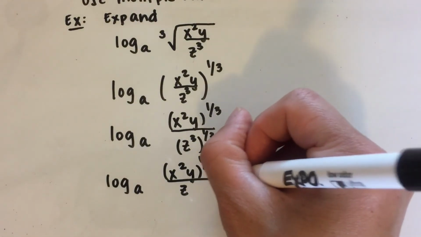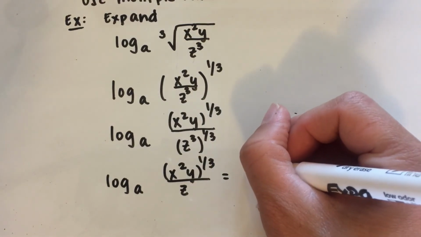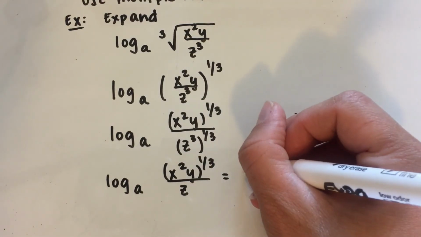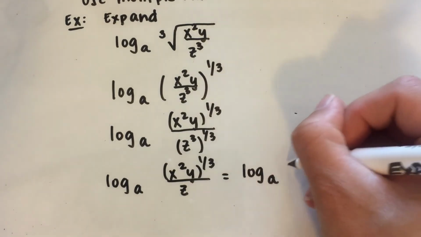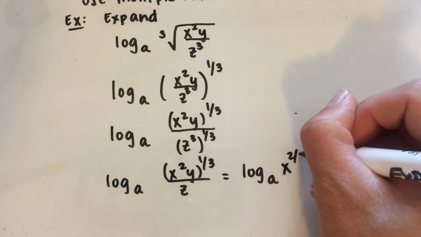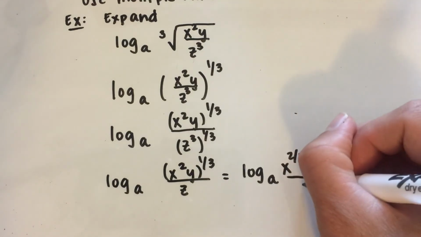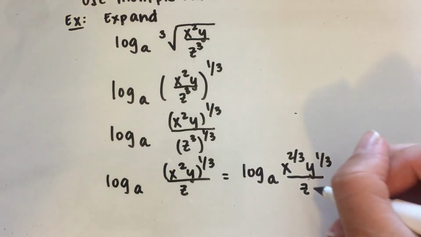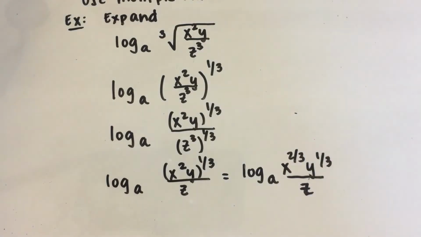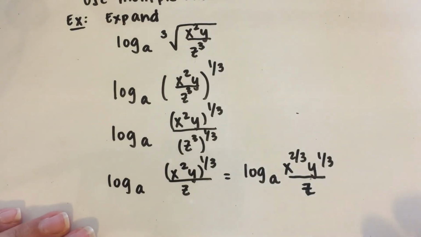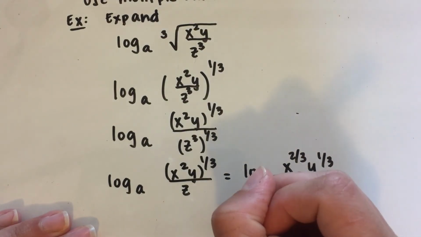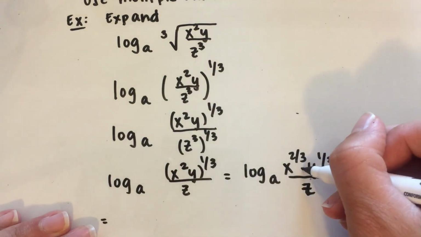And on the denominator, we'll just get z, because the 3 and the 1/3 will cancel each other out. And now we can apply the 1/3 to the x squared and the y. So we get log base a of x to the 2/3 times y to the 1/3. Because when we have a power to a power, we're going to multiply them.